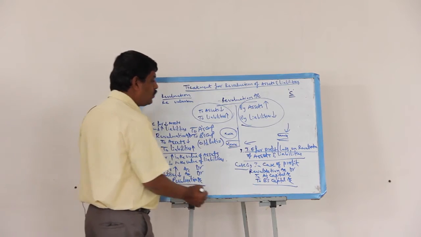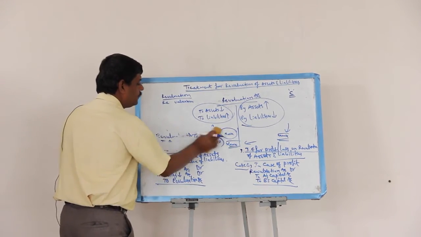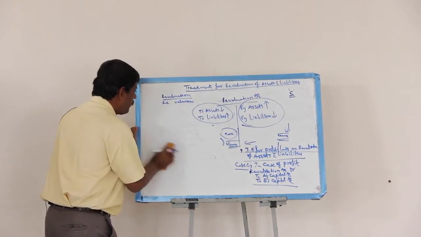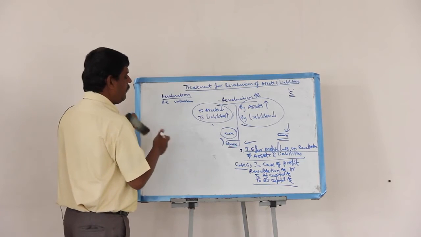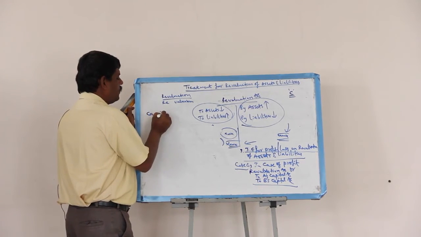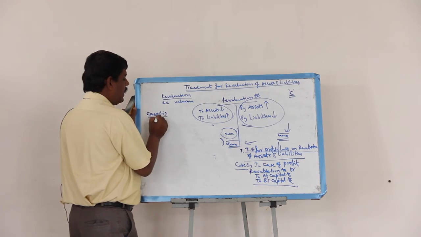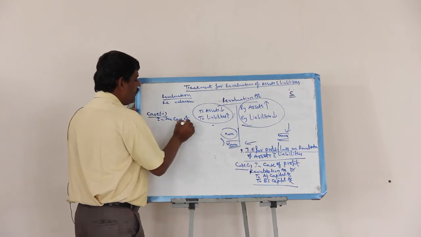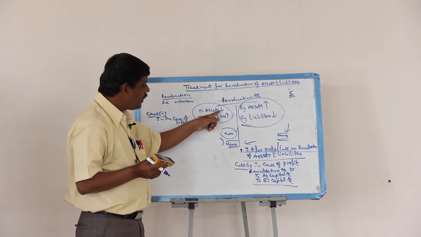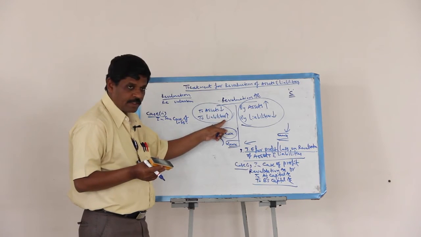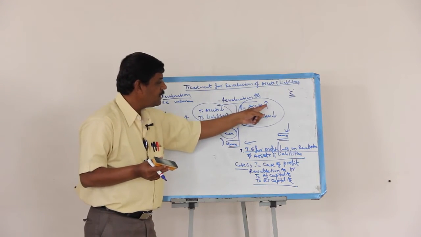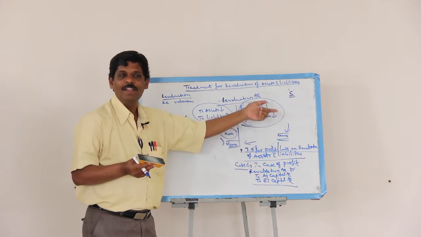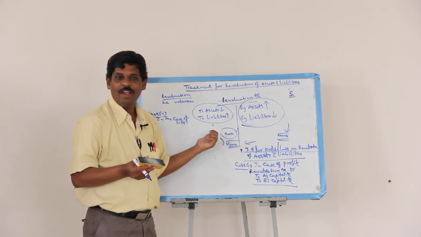Now case 2. Journal entry in the case of loss. That is, the decrease in the value of assets and increase in the value of debts is more than the increase in the value of assets and decrease in the value of liabilities. It's the case of loss. Increase is less, decrease is more in assets.